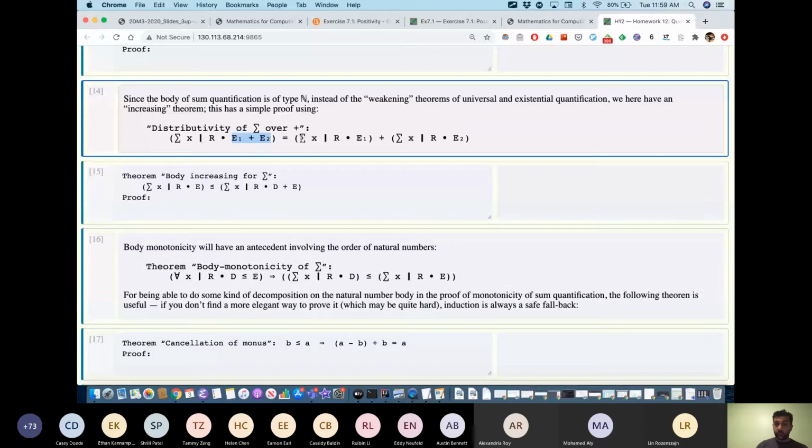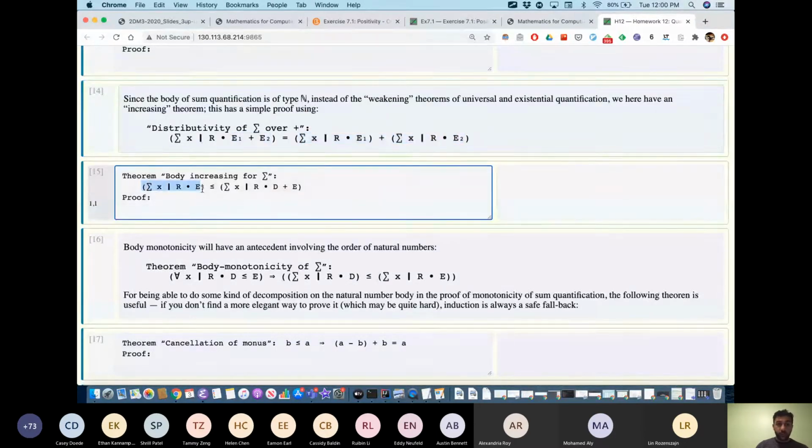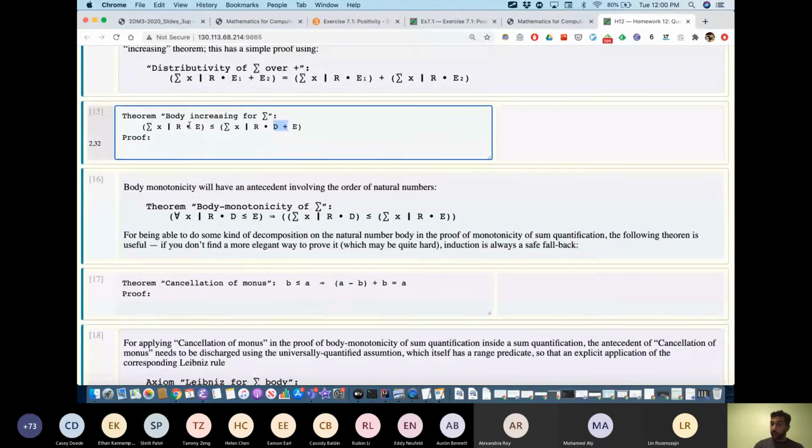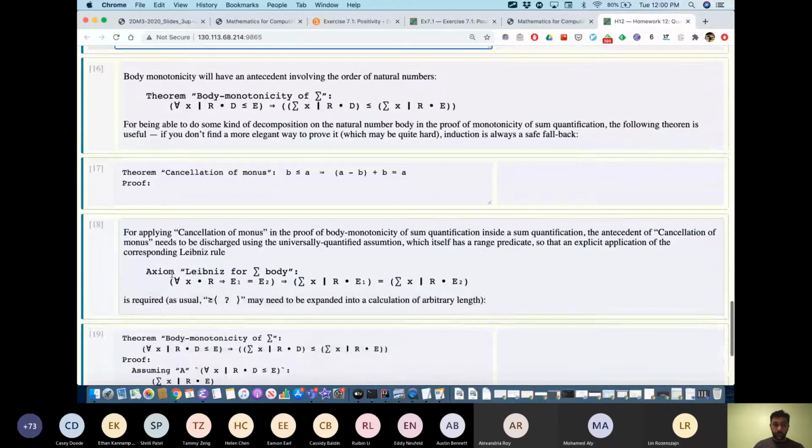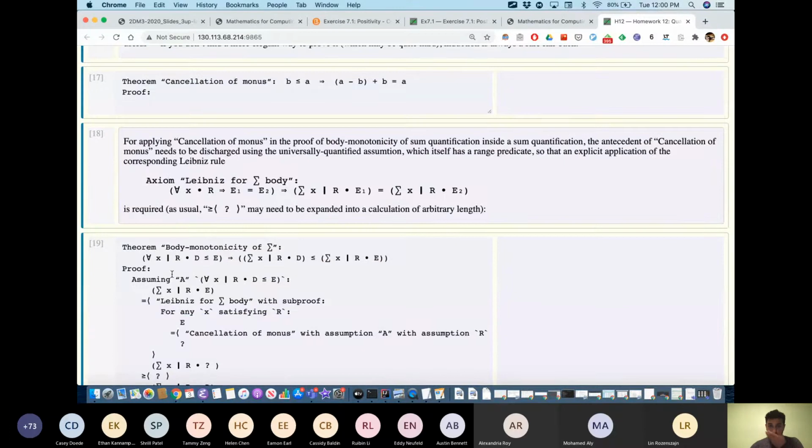Whenever you have a sum, you can turn it into two quantifications, and whenever you have a sum, you can always add on an extra piece. This addition of an extra piece works because we're with the natural numbers, and in the natural numbers, there's no negatives, so things can never get smaller when you add. They can only get bigger. Okay, so this might be a very useful thing to use in the follow-up, right here somewhere.